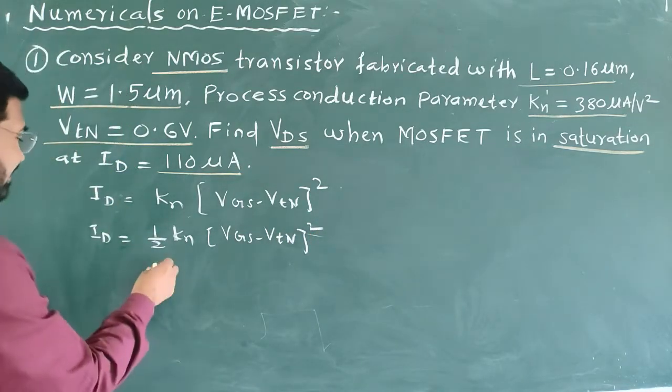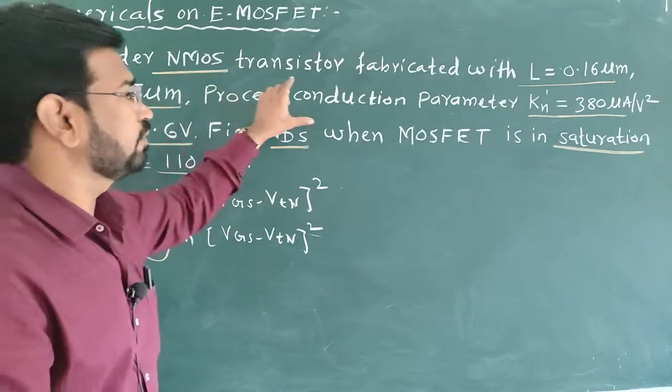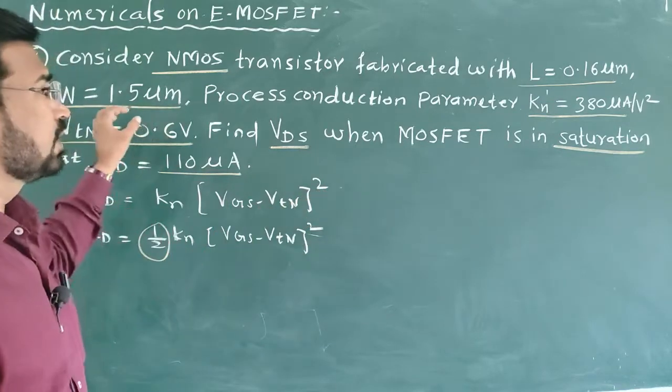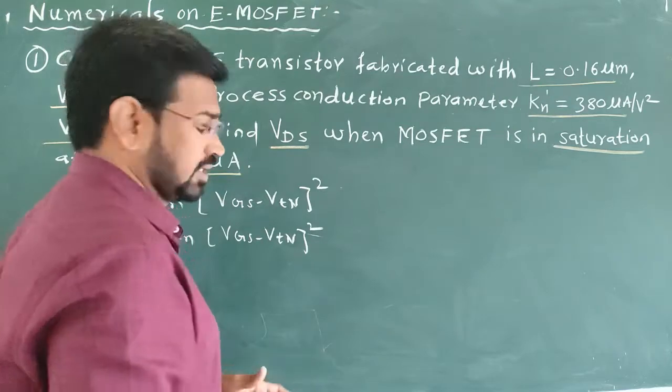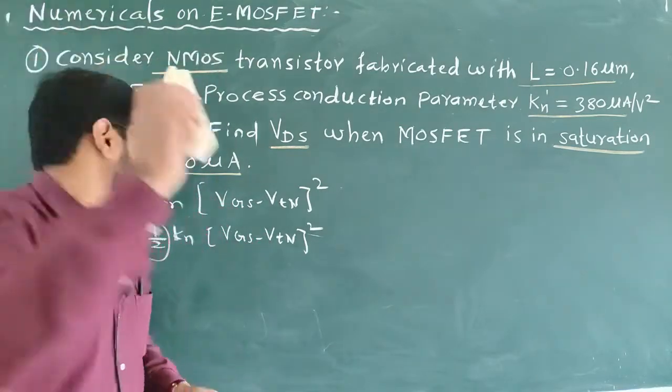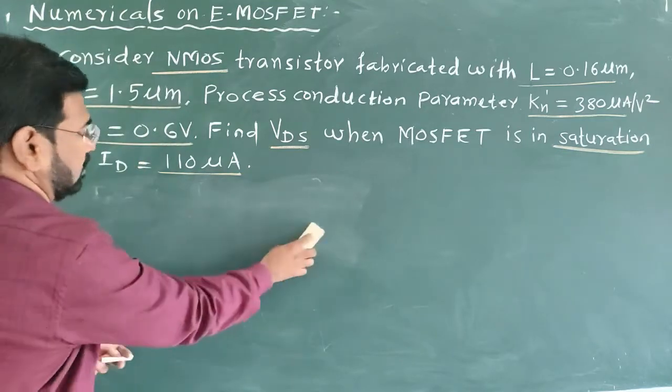This factor half Kn depends upon how we are finding Kn. What are the parameters given? Length and width.